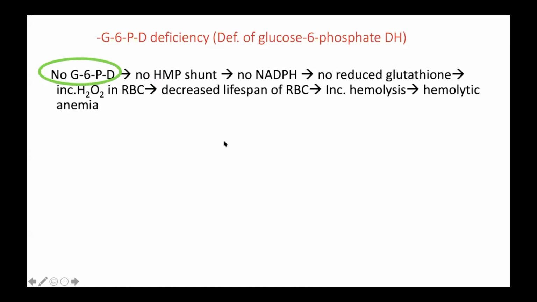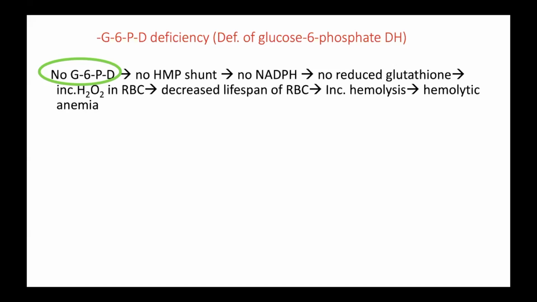So I'm going to ask this no-brainer question, okay? Don't be offended. Why is there no hexose monophosphate shunt if there is no G6PD? Because it is the rate limiting enzyme, the first enzyme in the first step of the hexose monophosphate shunt.